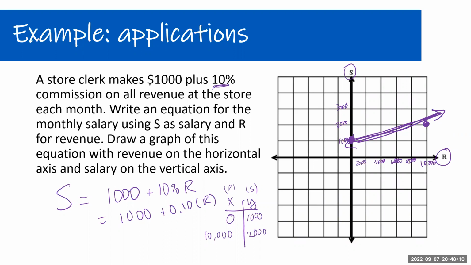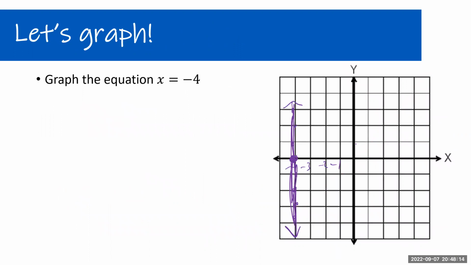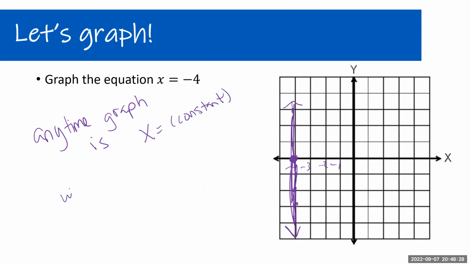Now there's one thing I'm going to go back before we wrap up and mention. When we are talking about an x equals graph, so anytime the graph is x equals some constant, okay, so any number, we have a vertical line.